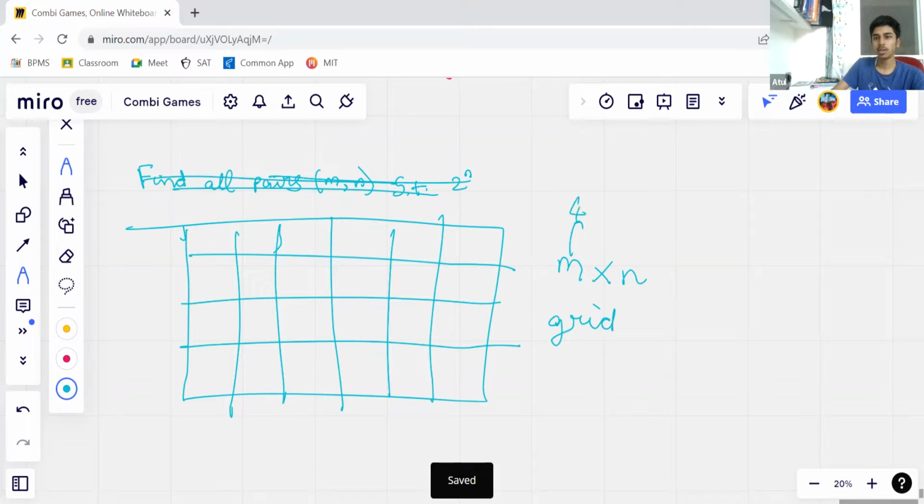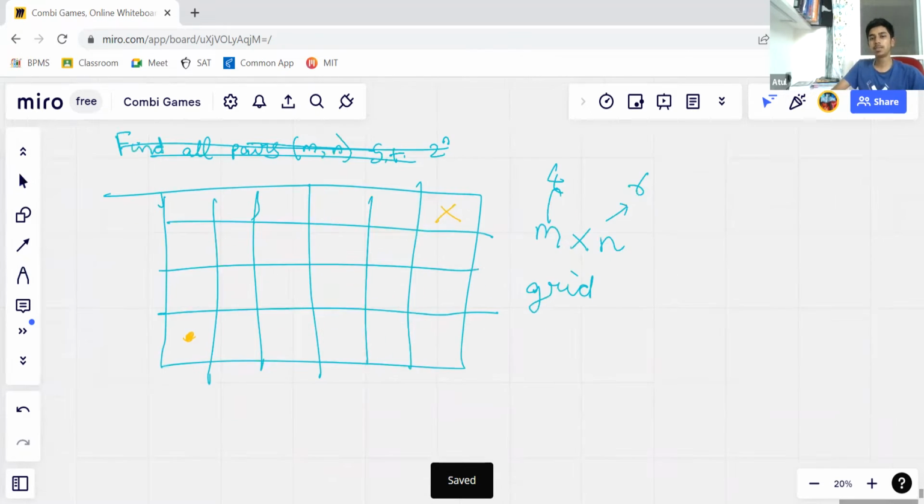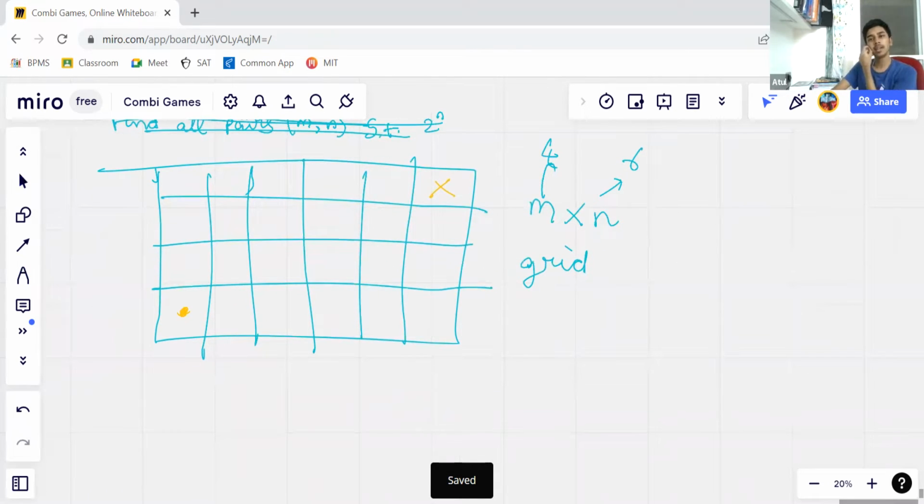In this case, m is 4 and n is 6. So initially there is a token in the bottom left corner. On a player's move, they can only move this token up and right. And the aim is to be the one to reach the top right corner. Basically, if you can't move, you lose. So for each pair m comma n, decide who has a winning strategy.